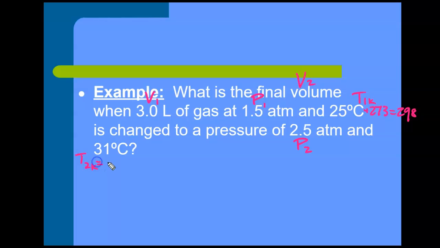In Kelvin, we get 31 plus 273 gives us 304 Kelvin. All right, we're ready to plug this all into our equation, which is P1 times V1 over T1 Kelvin is equal to P2 times V2 over T2 in Kelvin.